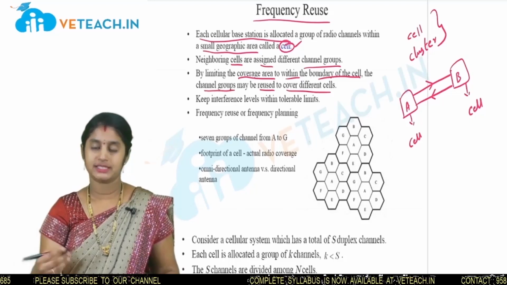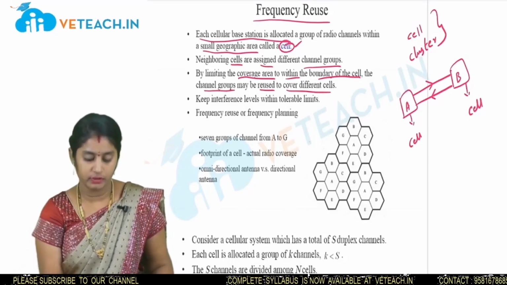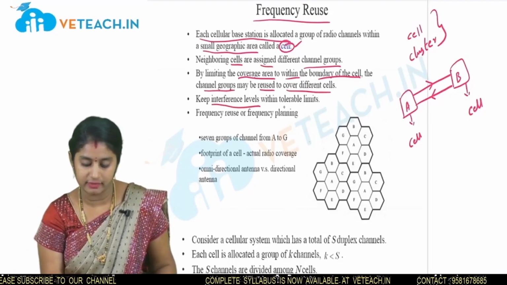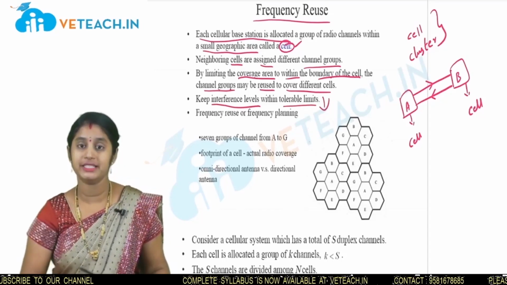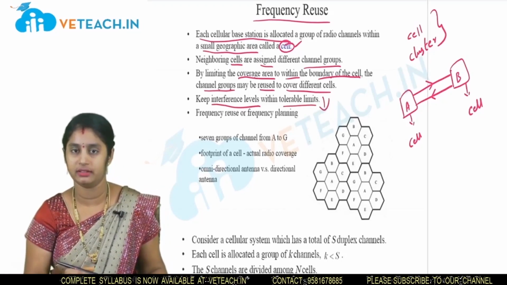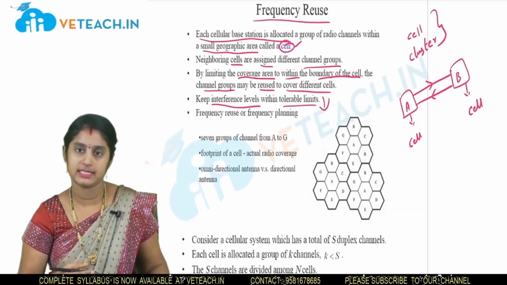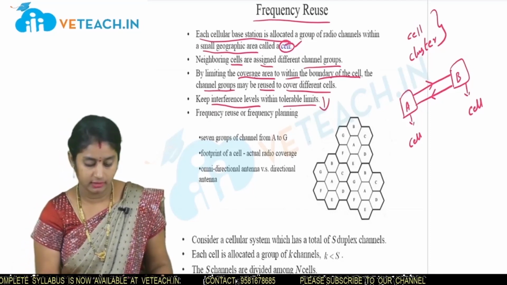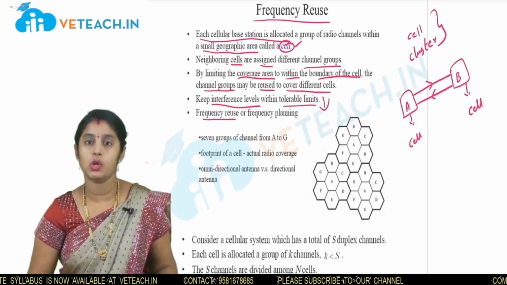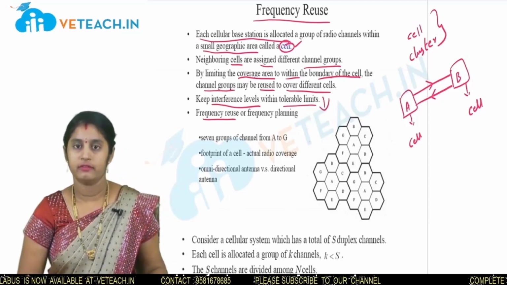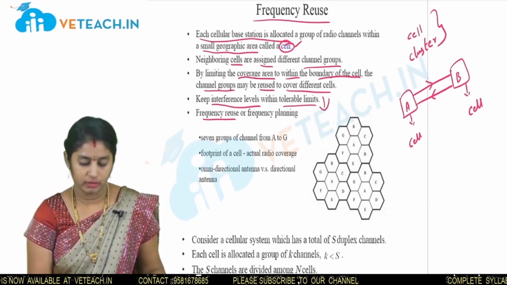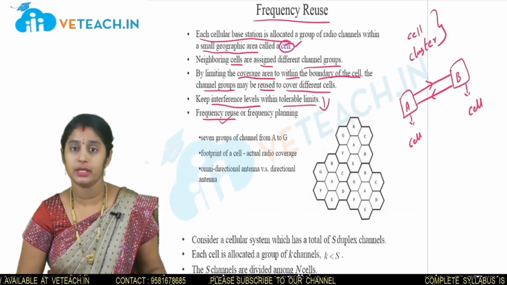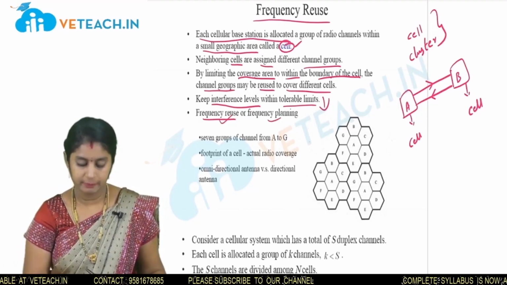In order to establish a perfect communication, we need to keep the interference levels as low as possible. And frequency reuse can also be known as frequency planning. So frequency reuse techniques can also be defined as frequency planning.